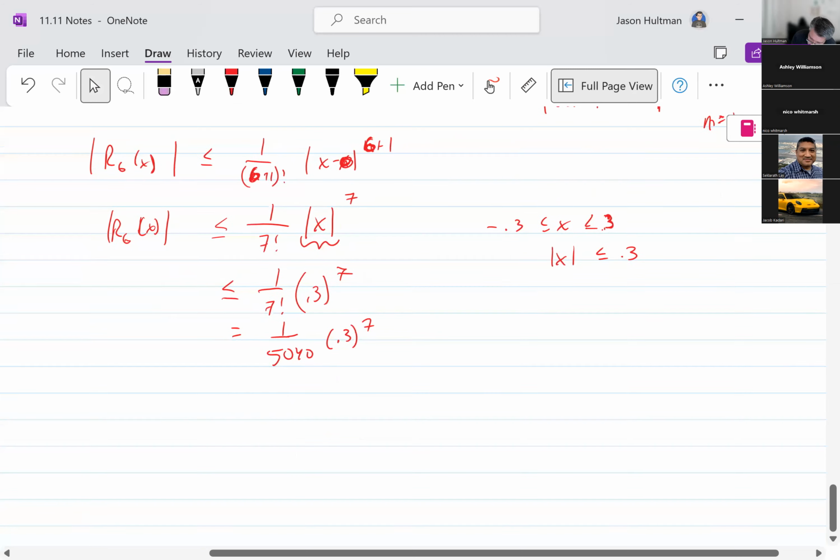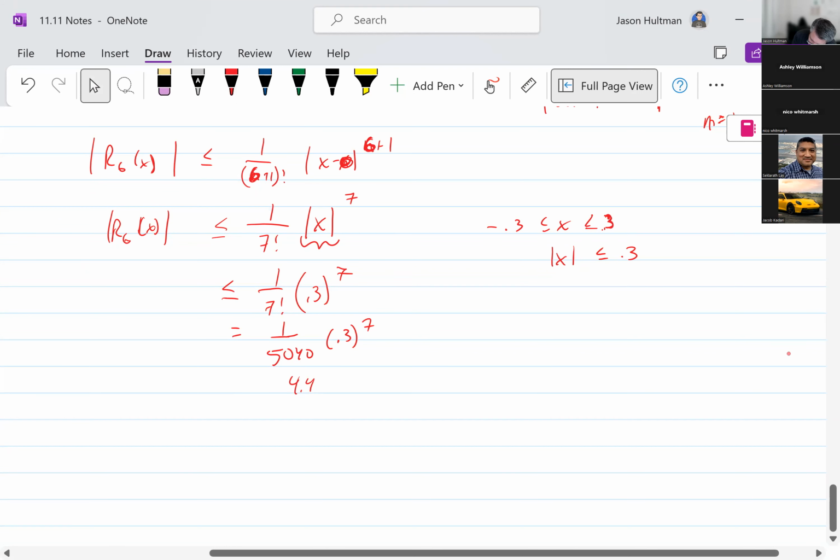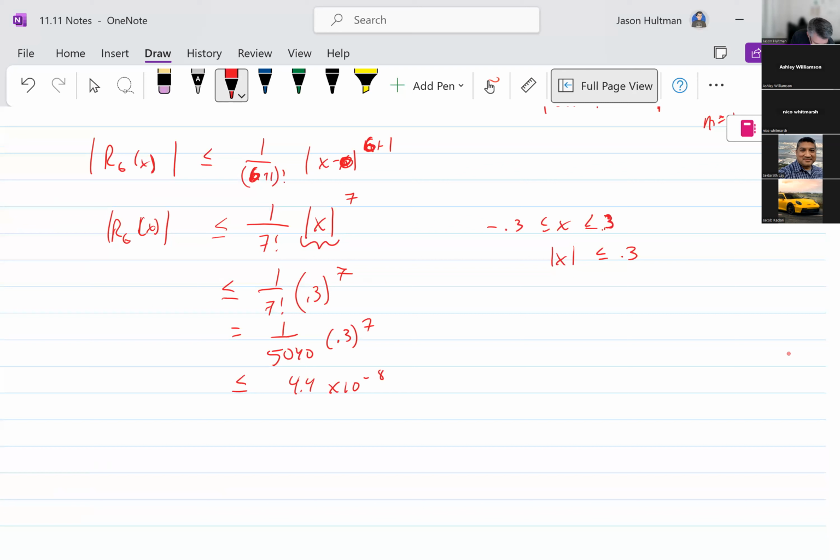I'm going to use the inequality because I rounded. It's less than or equal to 4.4 times 10 to the negative 8th power. Because I rounded up, I can put the inequality instead of an approximation. So what did we find as our upper bound?